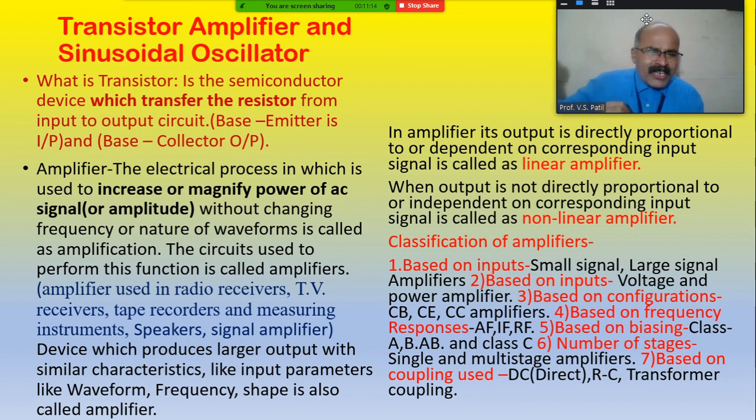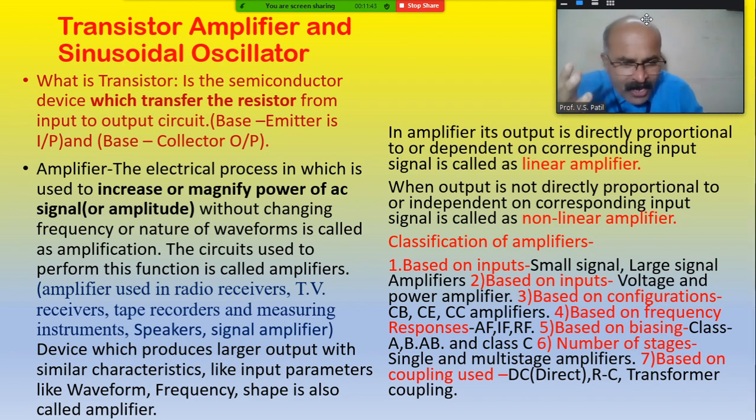Again, the number of stages: single stage, double stage, third stage, multi-stage. Again, it depends upon the coupling. There are different types of coupling in case of the transistor amplifier. It means this chapter has huge utilization, not limited only to the transistor amplifier, but also the types of transistor amplifier with different classification.